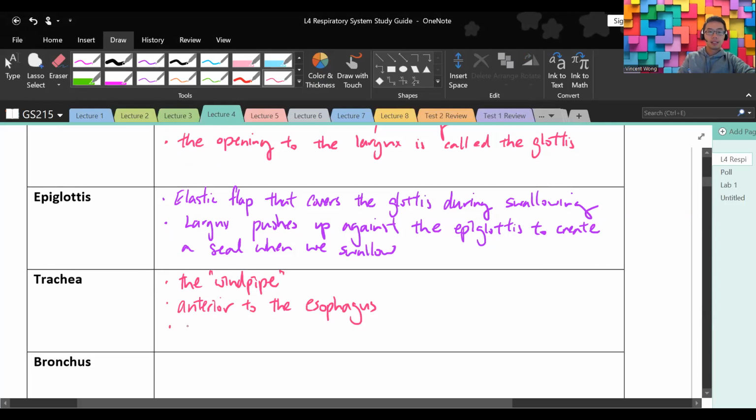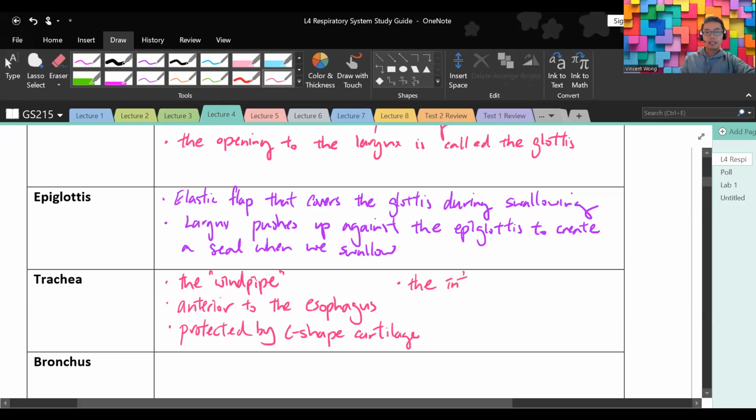It is protected by C-shaped cartilage. If you put your hand here and just gently go up and down, you can feel the ridges of the C-shaped cartilage. Okay.